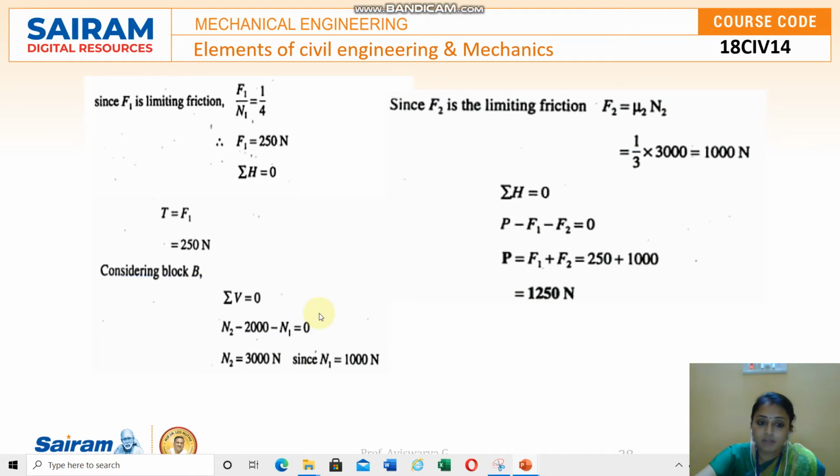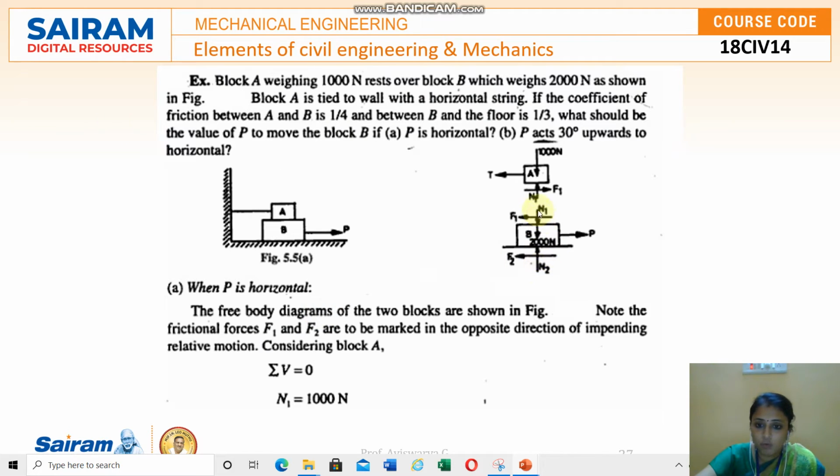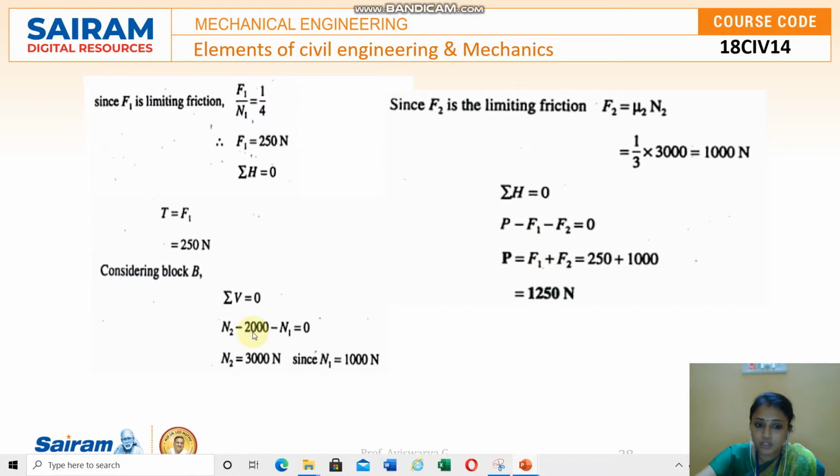In the vertical direction you have three forces: N2, N1 and 2000. Write the equation with respect to the sign conventions we saw in our earlier lecture videos, and you will get the value of N2 as 3000. Since F2 is a limiting friction, mu2 is equal to F2 by N2, and mu2 is 1/3, given in the question.